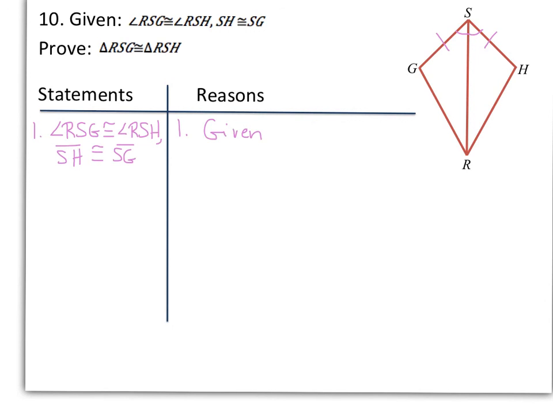All right, so I have one angle, one side, I'm missing another side. Well, we see that the two triangles share side SR, so it is going to be congruent to itself. So side SR is congruent to side SR by the reflexive property of congruence.